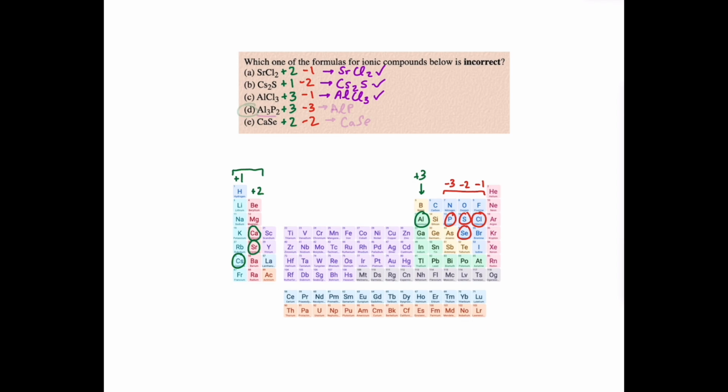And then we see here that it should just be aluminum phosphide, but we do not have that. This is giving us an unbalanced option. So we know that this is incorrect, and our final answer will be D. And just to do our final check, our final option is balanced in charge, so it should just be calcium selenide, which I've never heard of, but those are our options.